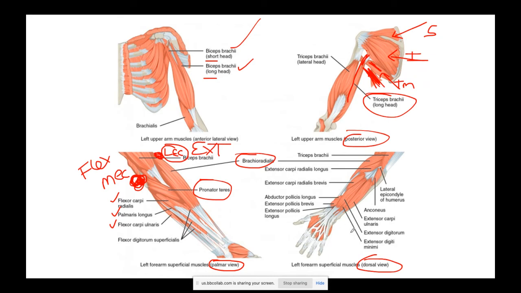Okay, so everything on the right-hand side, like here, extensor carpi radialis longus, extensor carpi radialis brevis, extensor digitorum, all of those are going to originate off the lateral epicondyle, which is on the distal end of the humerus. Okay?